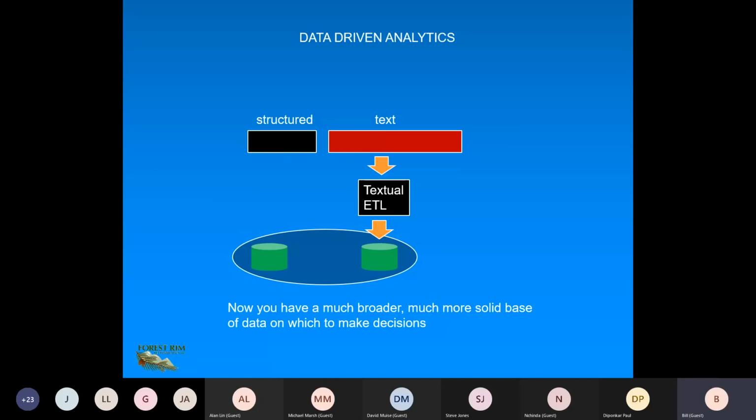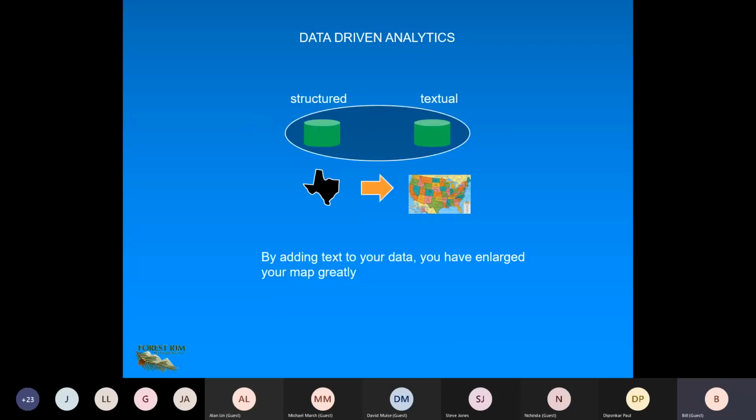And so we see that when we take a look at the data in our corporation, we've been looking at this structured data for years and years, and that's good. But now we can start to look at text, and in doing so, we can start to have a much broader vision of what it means to be data-driven. So what we've done is we have enlarged our map.